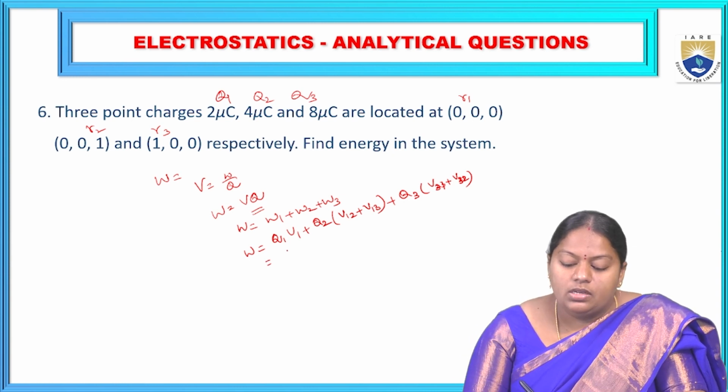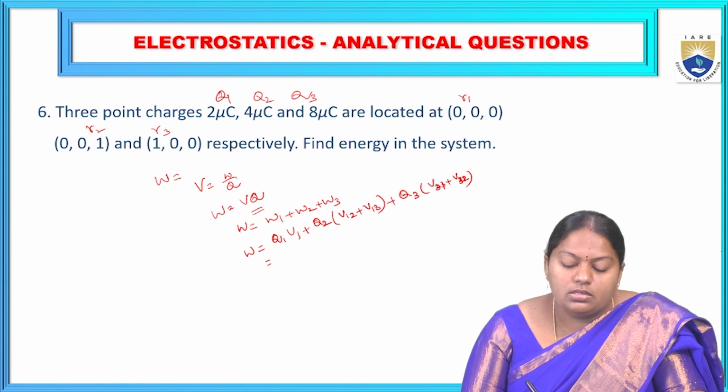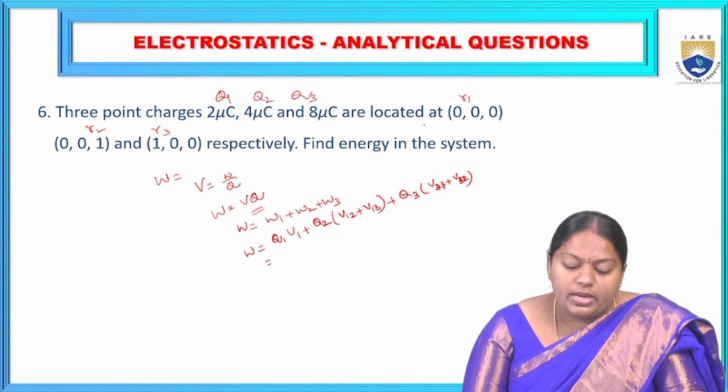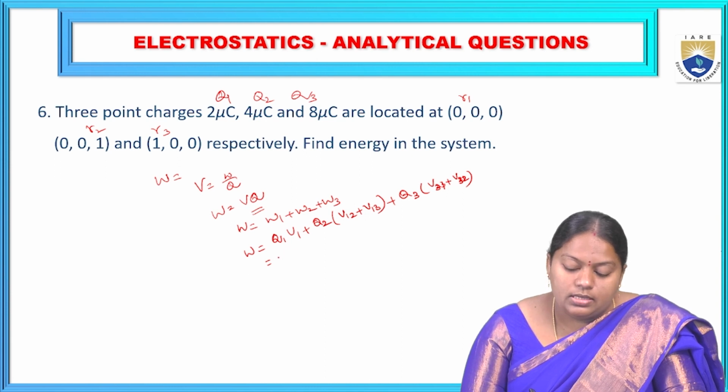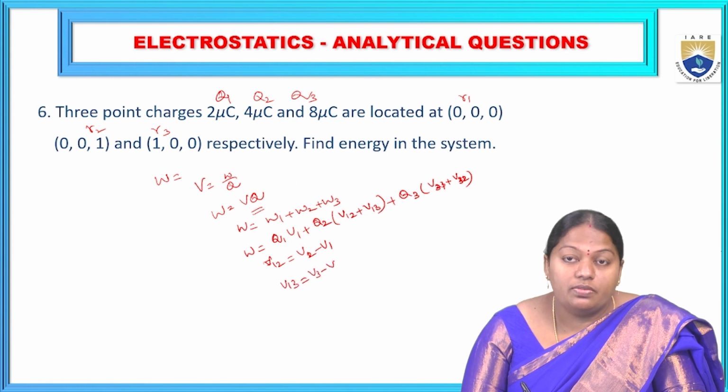So for Q1 into V1, in order to find this, the potential values need to be substituted, with Q1, Q2, Q3 as 2, 4 and 8 micro, and followed by finding the distances. Here V1 is directly computed, and if you want to find V12, it is the potential difference between V2 and V1, and V13 can be written as V3 minus V1.